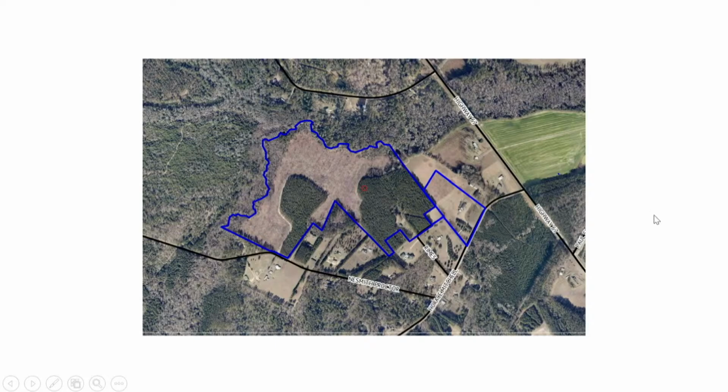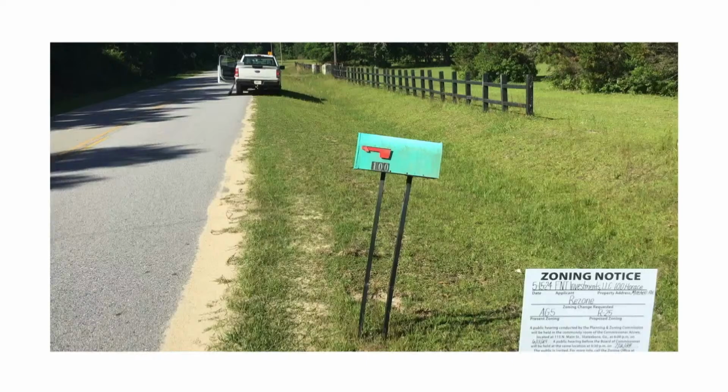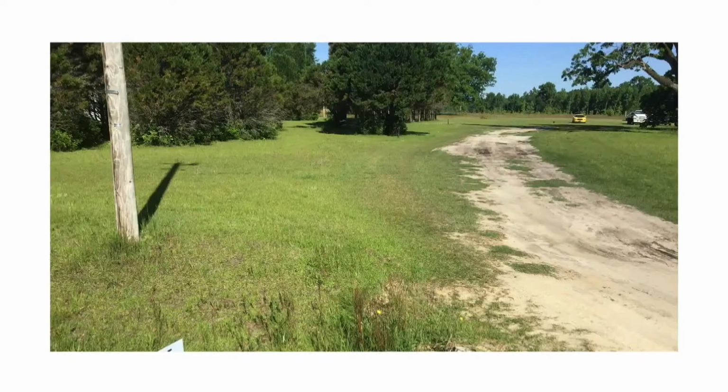And then this is outlined showing how it incorporates into the larger piece from the previous agenda item, as well as the site plan. And looking into the property currently, this would be approximately where the entry and exit would be for that subdivision.